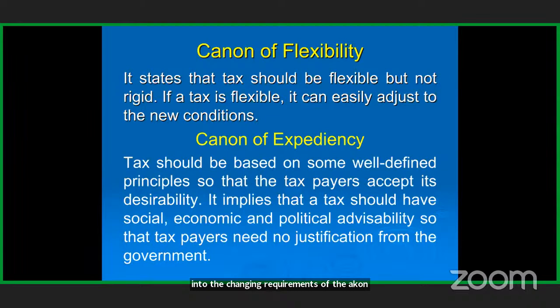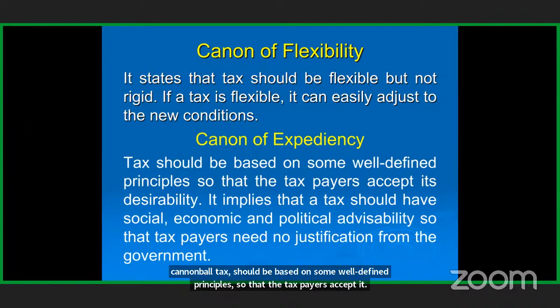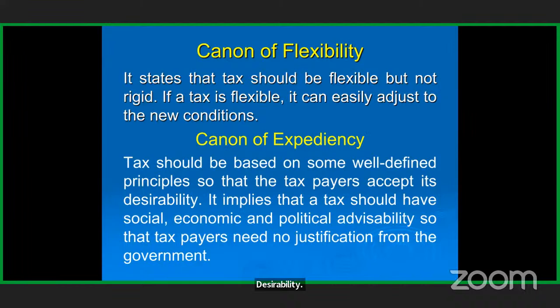Another canon is the canon of expedience. According to this canon, tax should be based on some well-defined principles so that the taxpayers accept its desirability. So a tax should have social, economic, and political advisability so that the taxpayers need no justification from the government.